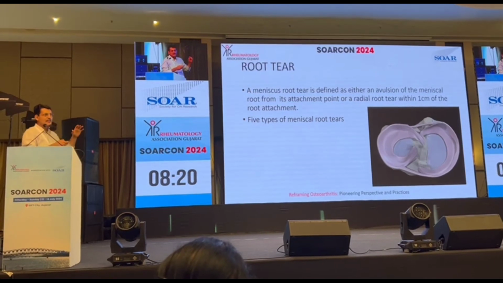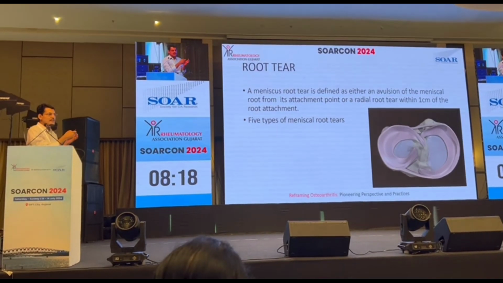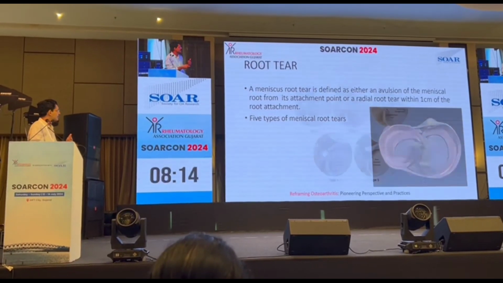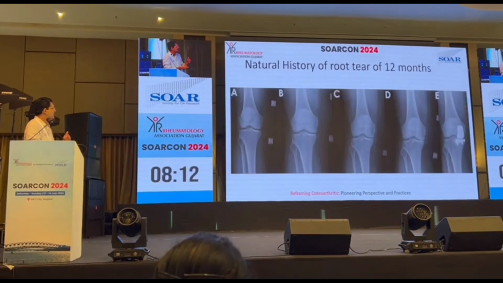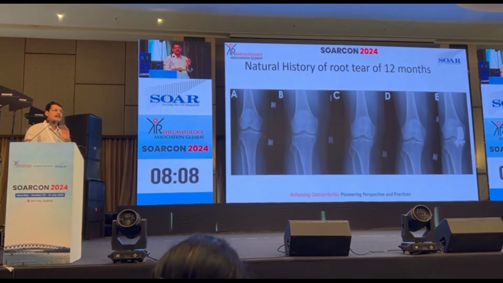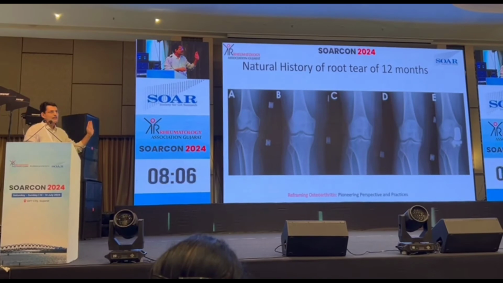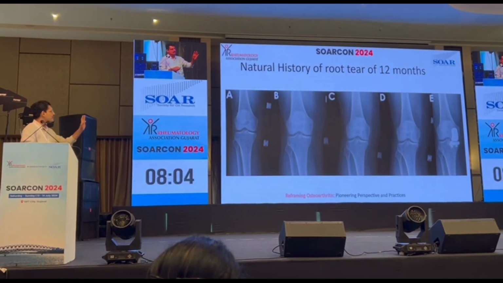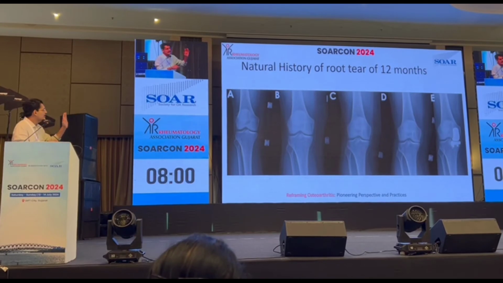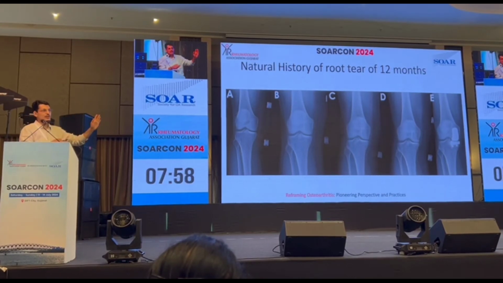So what happens if the root is torn? The meniscus is displaced from its place and it goes onto the medial side. So this is the classification of Laprade. And if you leave a meniscus root tear unattended, it will lead to a very rapid progression of osteoarthritis. So if you leave a complete meniscus root tear unattended, it will lead to a very fast progression of osteoarthritis.